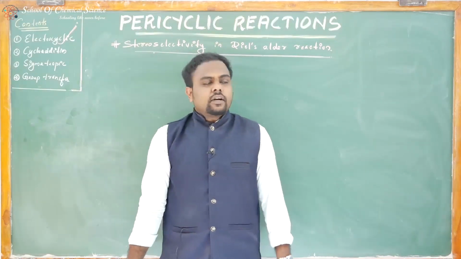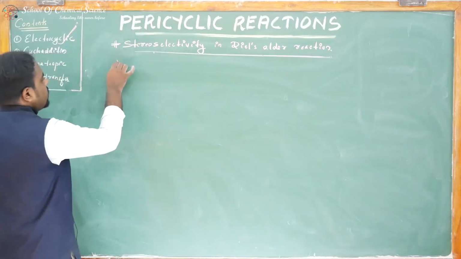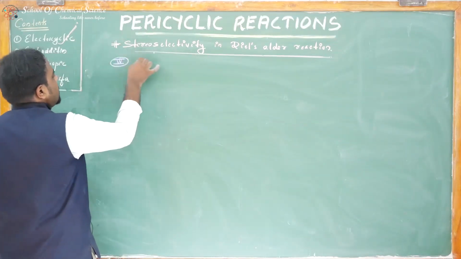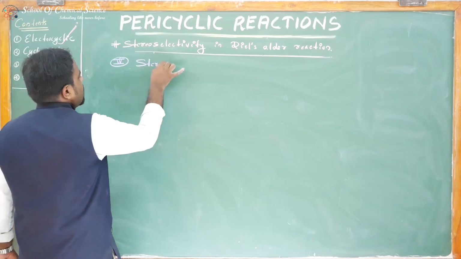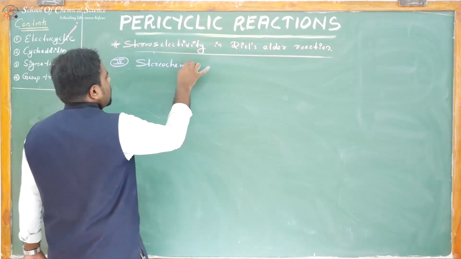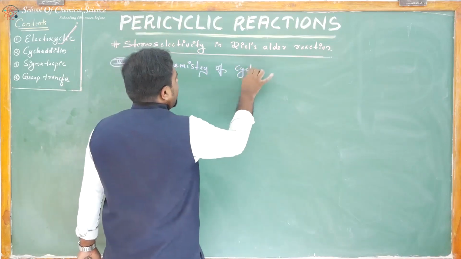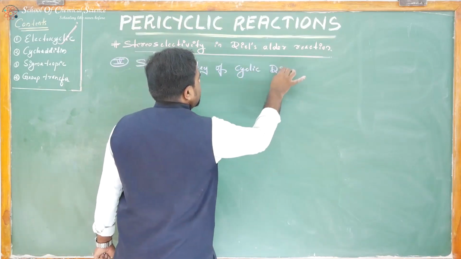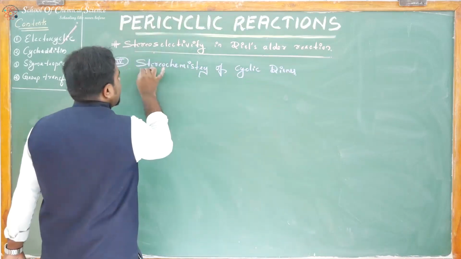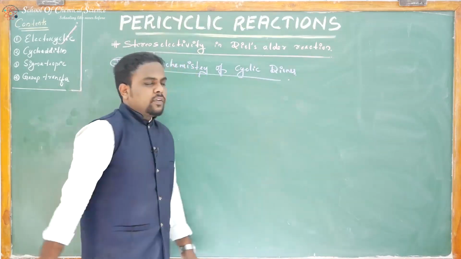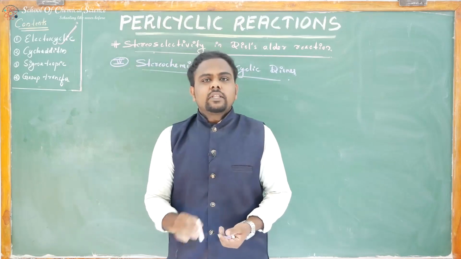And the last one, the fourth one, stereochemistry of cyclic dienes. When your diene is a cyclic diene, what will be the stereochemistry?